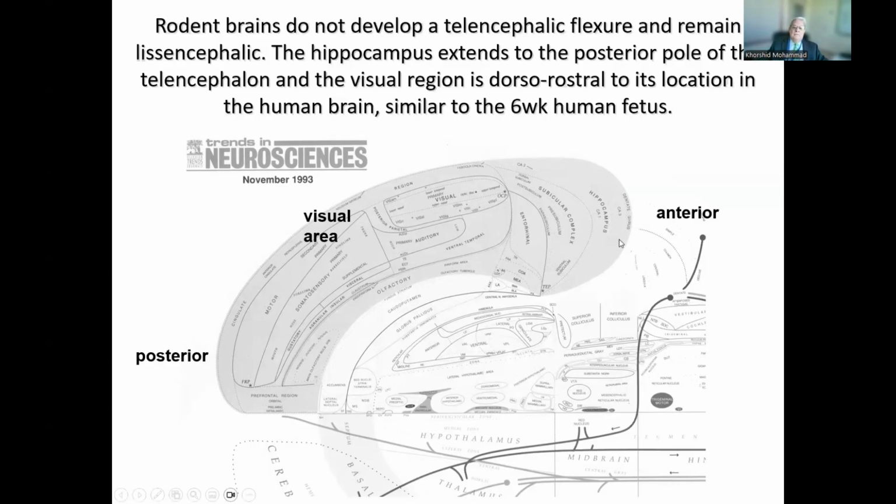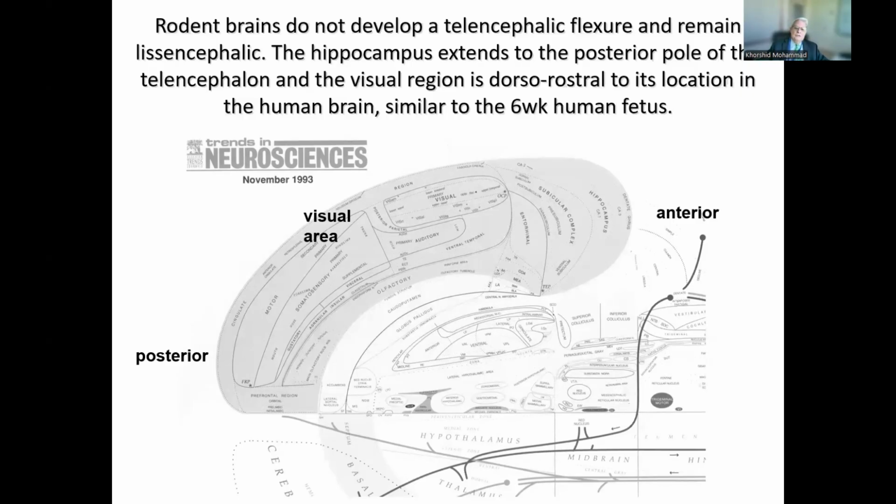Now, in some animals, I mentioned rodents earlier, the rodents, like mice and rats and also rabbits, do not develop a telencephalic flexure. And so their telencephalon looks like the early primitive telencephalon just after the prosencephalon has been divided by the interhemispheric fissure.